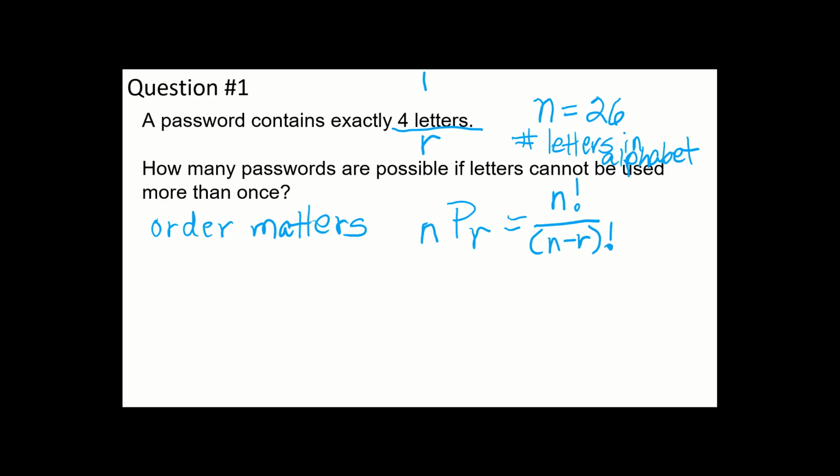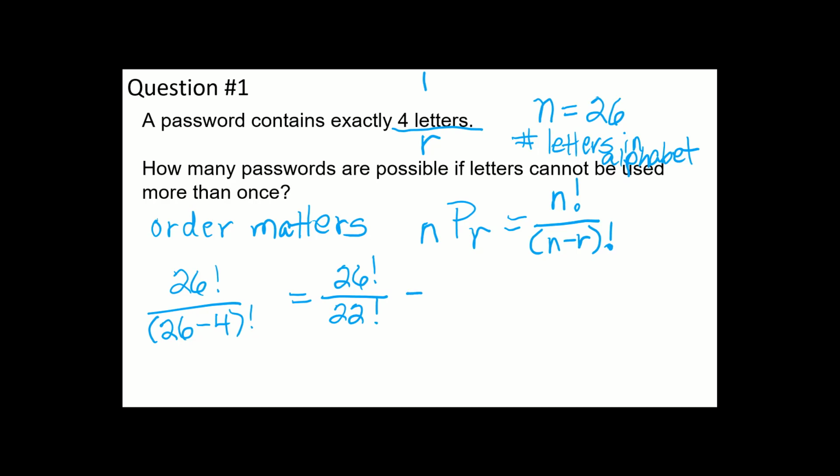So we're going to substitute 26 for n. That's 26 factorial over n minus R, 26 minus 4 factorial. So we'll simplify that. That's 26 factorial over 26 minus 4, which is 22 factorial.